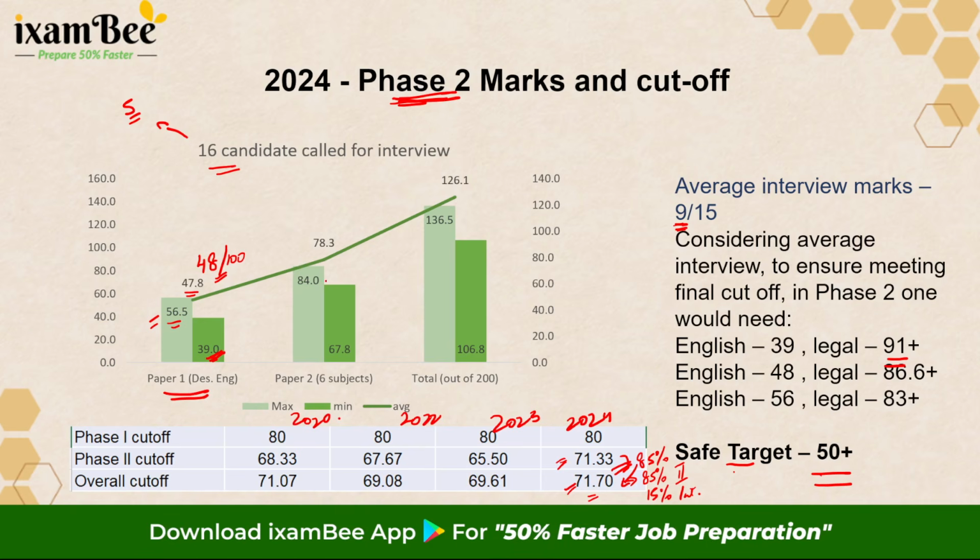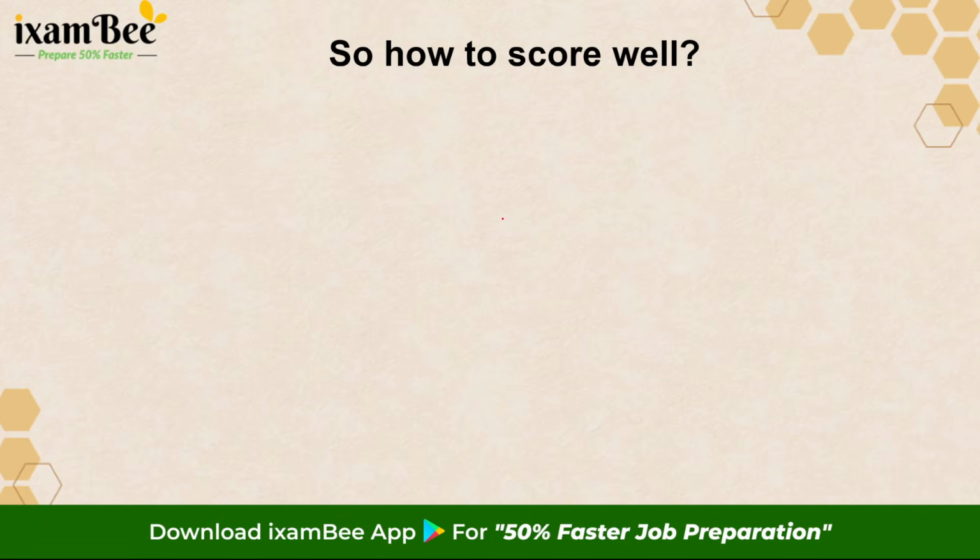This is higher than the average marks that we have seen in the past, and it will also give you room to perform well in your legal paper, in the range of 85 plus, given you do not rely too much on the interview. Of course, if you do a better interview, the reliance here reduces, but that is something you cannot prepare for or guarantee today. This is something that you can do today. So let's move ahead and understand how you can score that 50 plus marks.